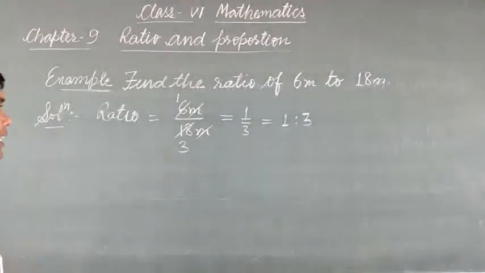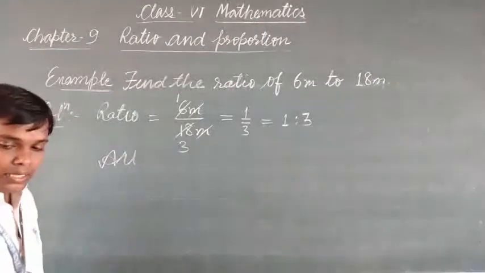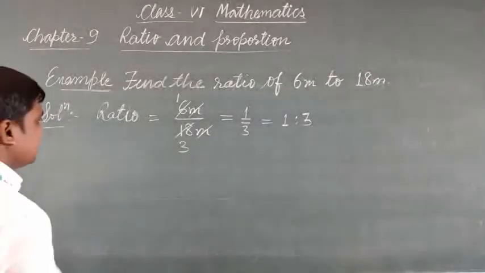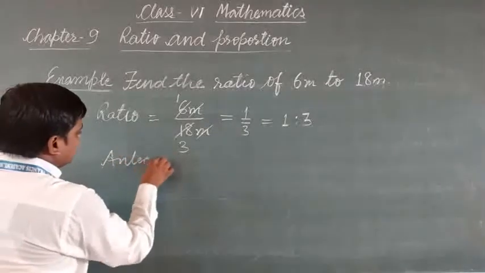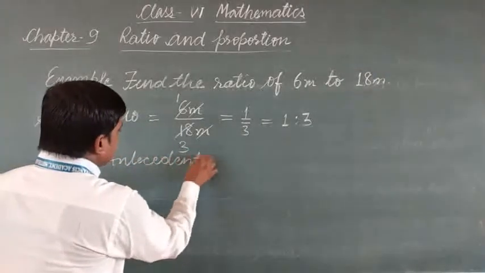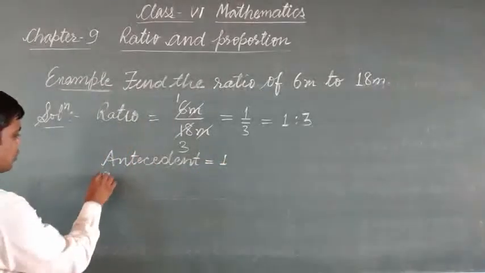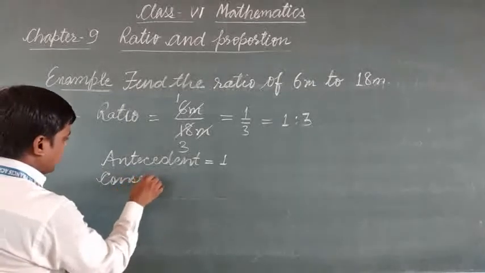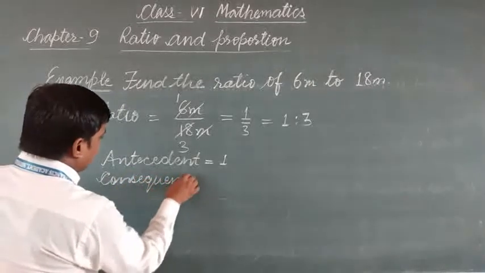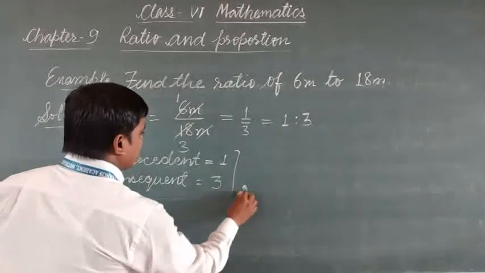If you have to write the antecedent, then you can write antecedent is equal to 1 and consequent is equal to 3.